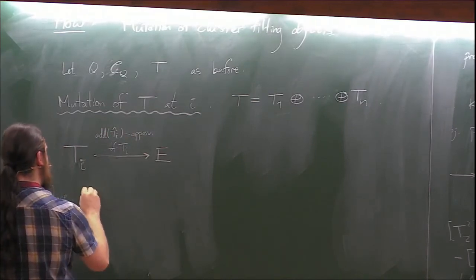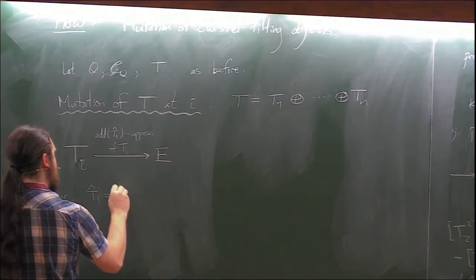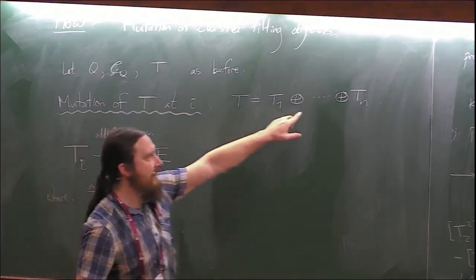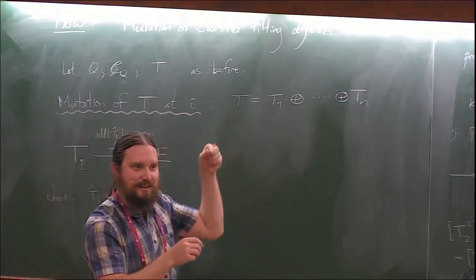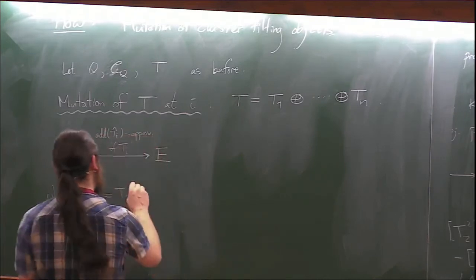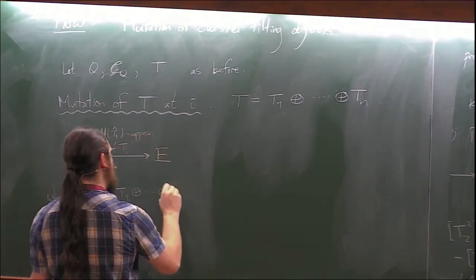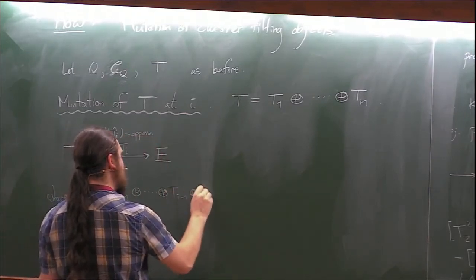And Ti hat is just this direct sum where I don't take the summand Ti. So I go up to Ti minus 1 and then I skip Ti.